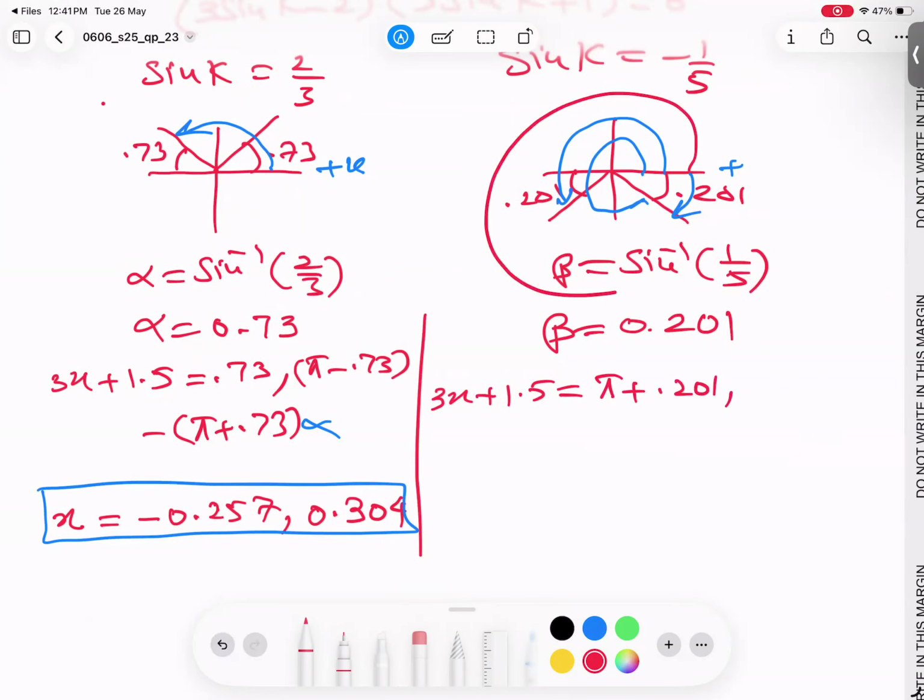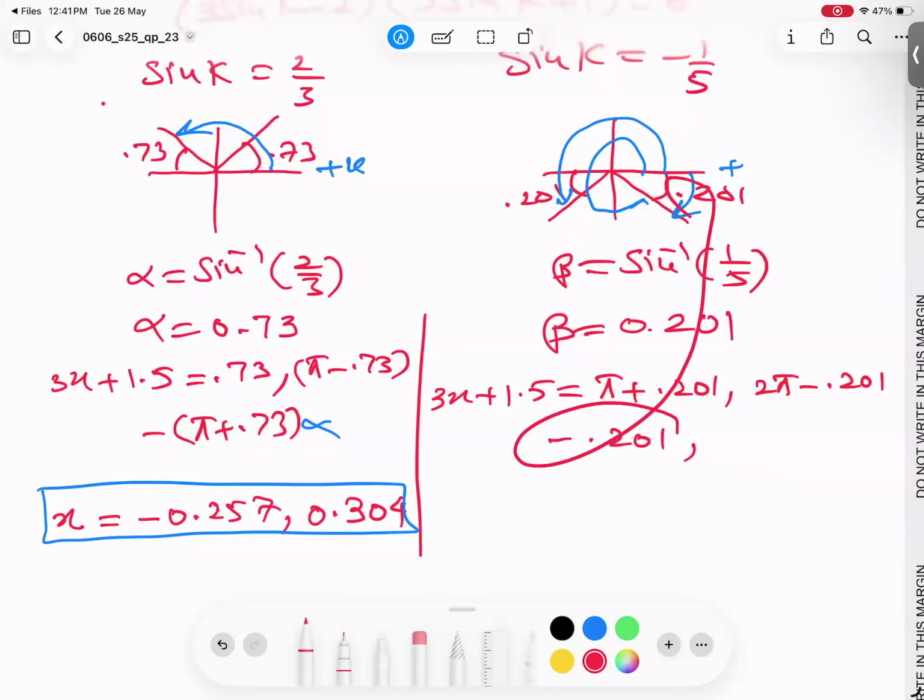And the other is 2 pi minus this, so 2 pi minus 0.201. And one going clockwise, that is simple, 0.201, and I put a negative sign because clockwise. I can check this also, but I think it is a very big negative, so I'm ignoring it.